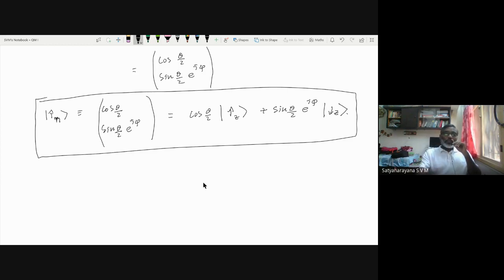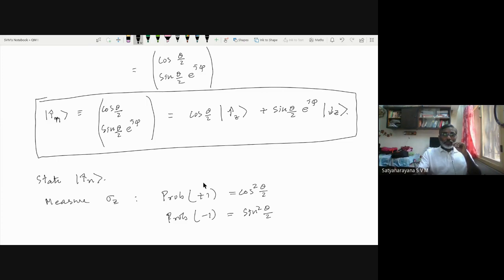So if you have this kind of a state, now suppose the state is phi n, and then measure sigma z, and then you want what is the probability to get plus 1, that is cos square theta by 2, and probability of getting minus 1, whatever is the value of I, it is sin square theta by 2. So that means there are infinitely many vectors that you can construct with this kind of probabilities given.